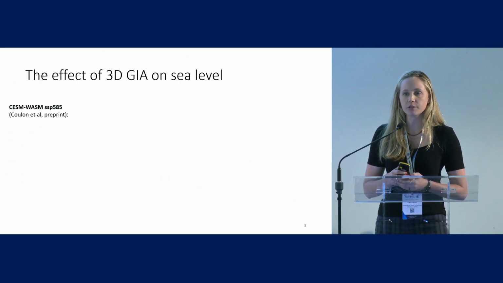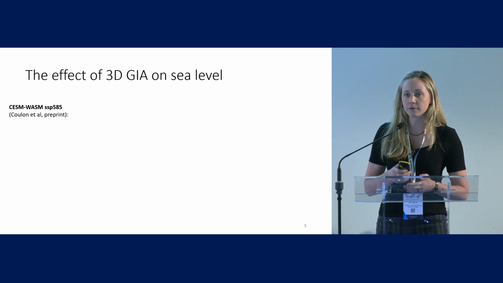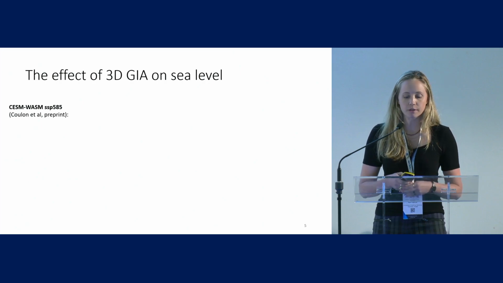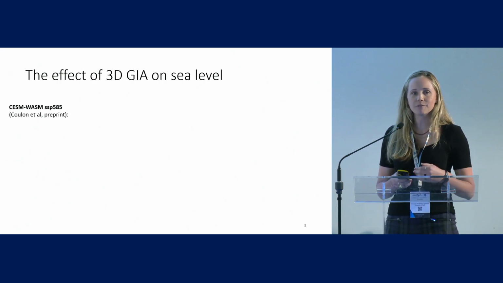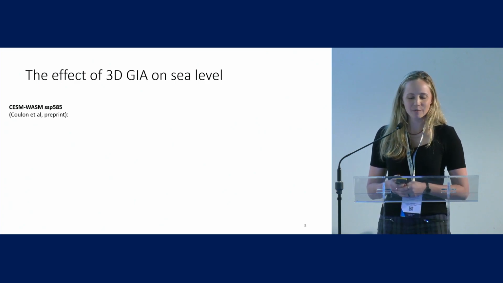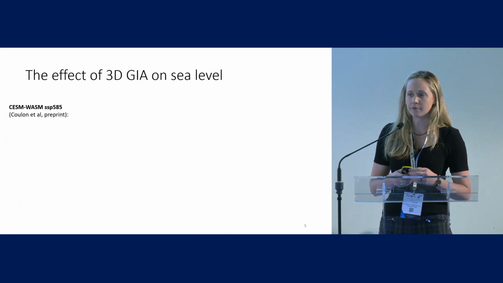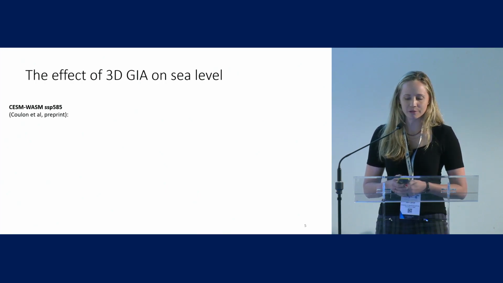We are doing projections using different IPCC scenarios and different global climate models, of which the forcing we got from Vio Coulon, and she will present projections with that forcing also later today. But for now, we focus on a very warm scenario with a very warm global climate model.